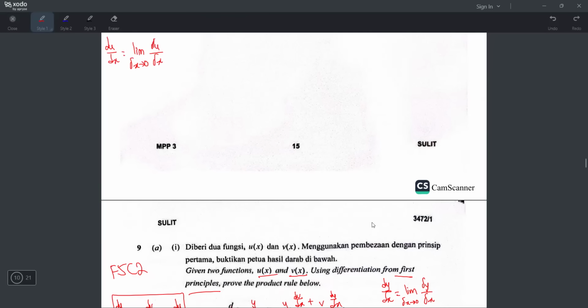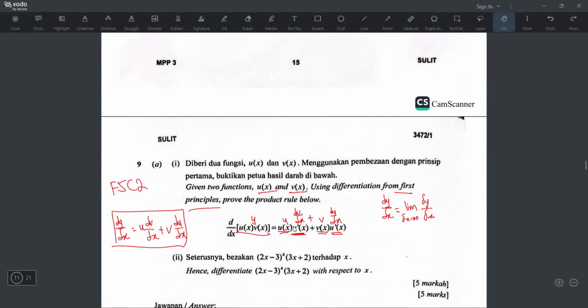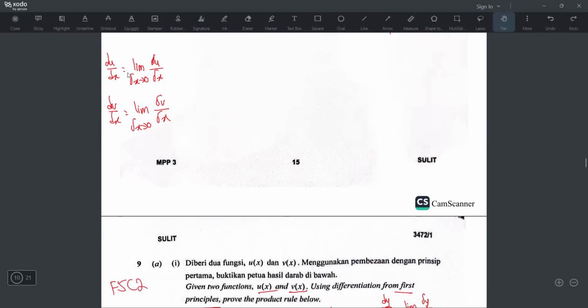It's basically the same thing as this, just the y changed to u. Then what about dv/dx? The limit as delta x approaches 0 of delta v over delta x. Trust me, later you will need this, because when you prove this formula, you need the du/dx and dv/dx inside, right?